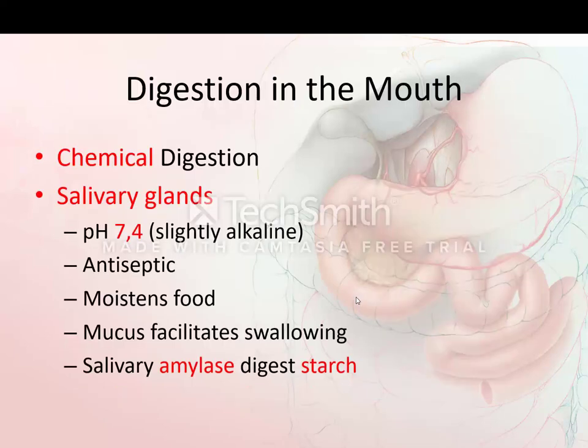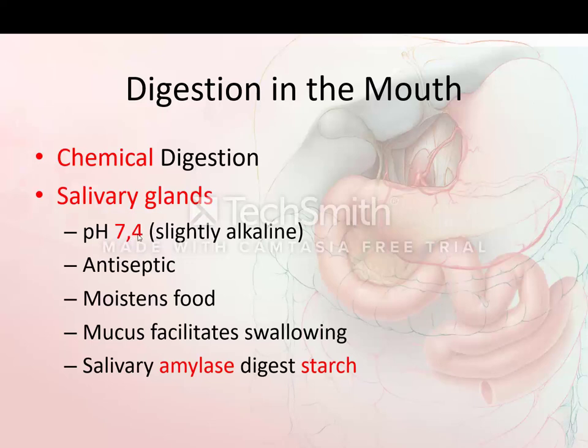Now, when we look at the saliva, the enzyme that it contains is called amylase, salivary amylase. That's important. And it has a pH of 7.4, which, if you think of pH, it goes from 1 to 12. 7 is the middle, 7 is neutral. So 7.4 is basically neutral.